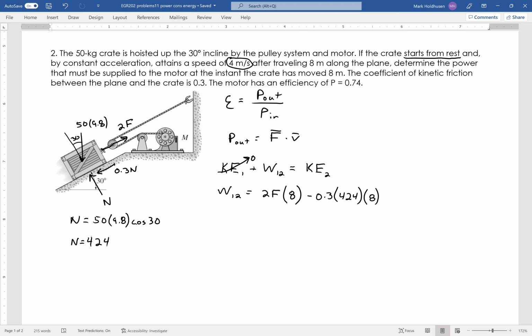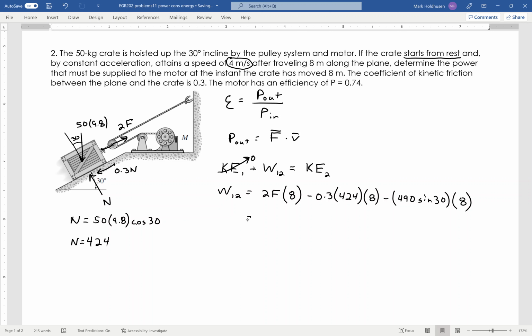Gravity's down, motion is up, so it's going to be negative. The only part of the gravity that I care about is the part along the incline, which is going to be sine of 30 of that. So it's going to be 490 times the sine of 30, and again, the 490 is just 50 times 9.8. It does this over 8 meters. And again, the normal force does absolutely no work at all.